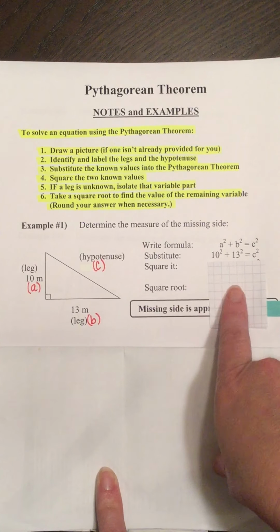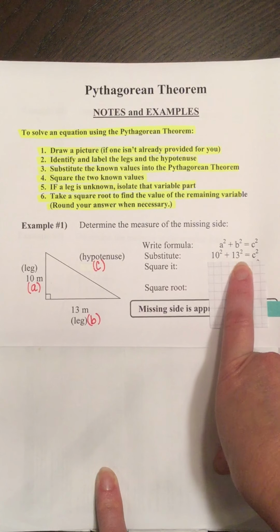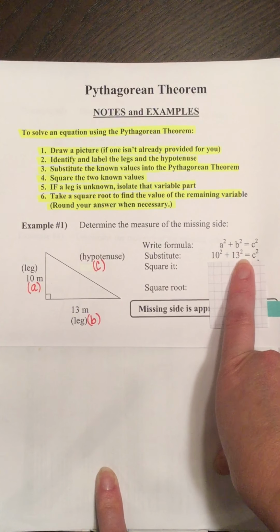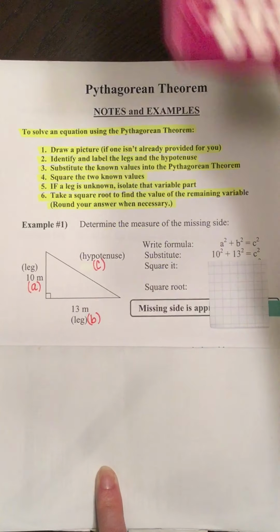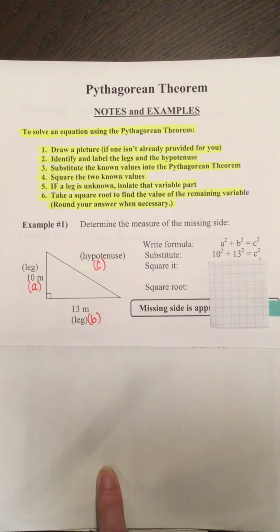Okay, then it says we're going to skip 5 because we don't need that one. So we're going to go ahead and actually square these. This is not 10 times 2, and this is not 13 times 2. This is 10 times 10, and this is 13 times 13. You can look up a calculator on Google. Just type in online calculator and one will pop up.